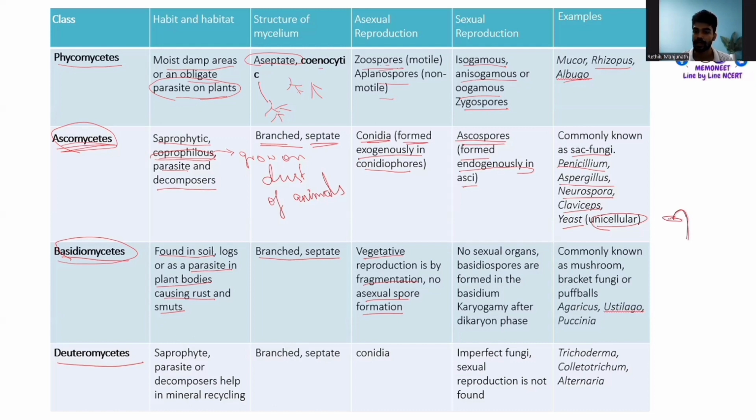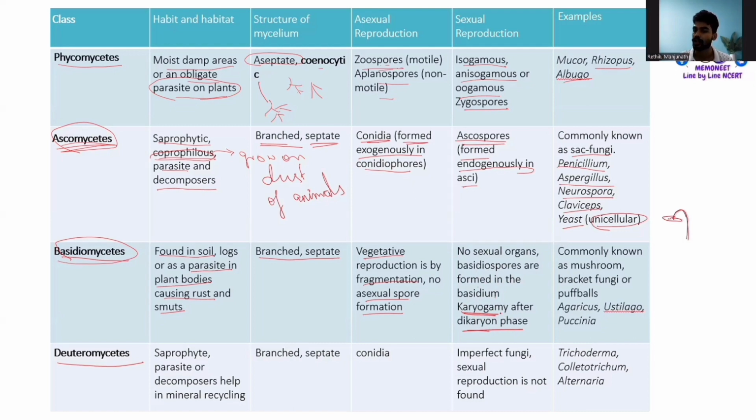Coming to sexual reproduction, there are no specific sexual organs here. Basidiospores are formed in the basidium.